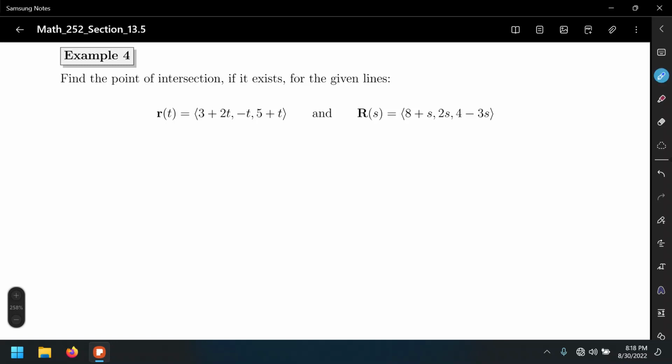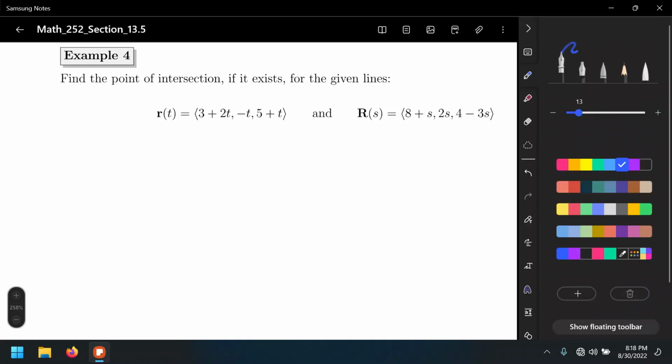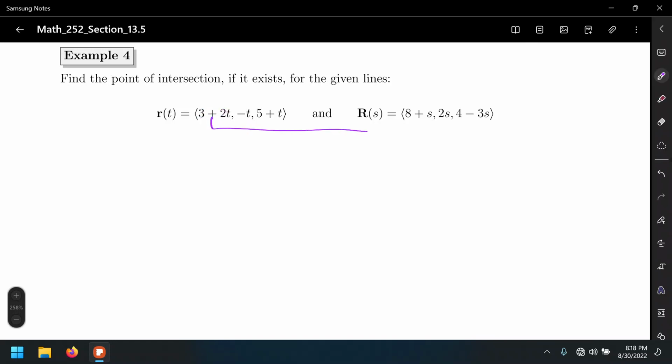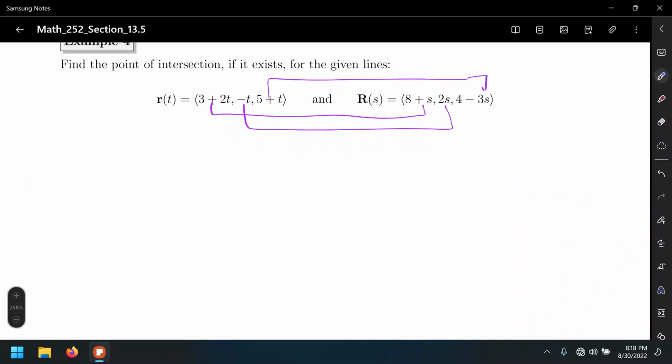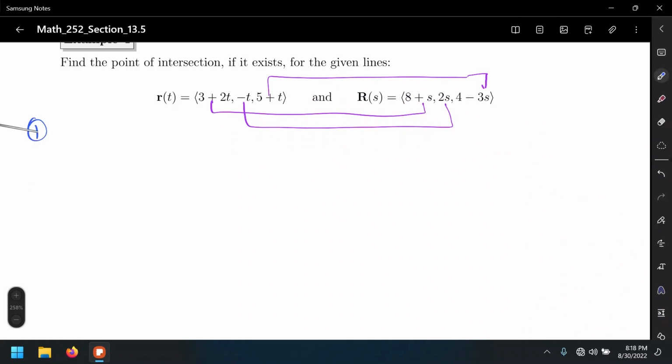In this case, we're going to set component by component, the x component with the x component, the y component with the y component, and the z component with the z component. So let's go ahead and write that down. Step number one, let's set up the equations.